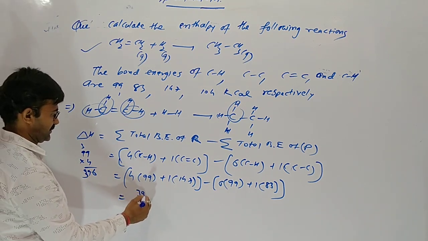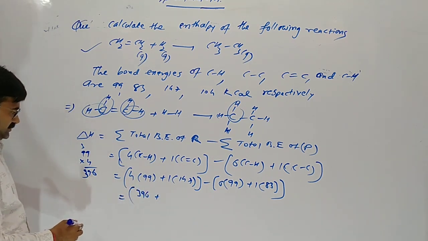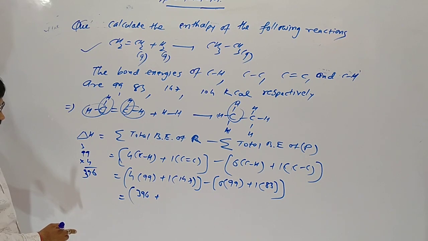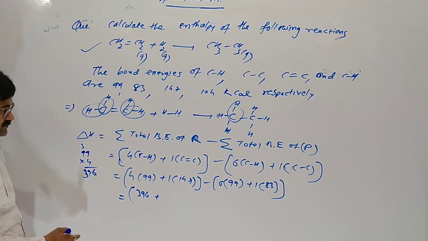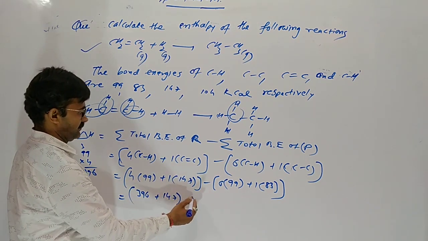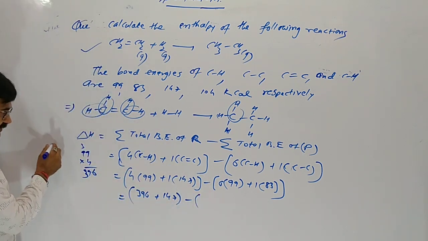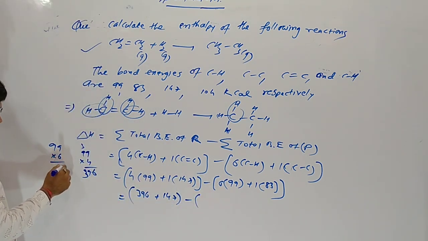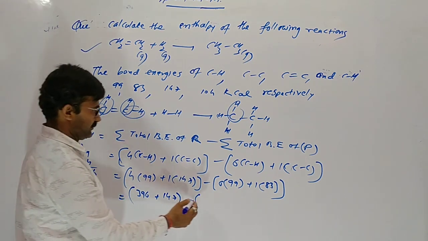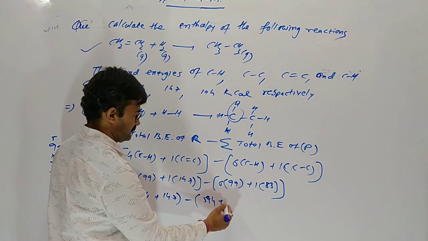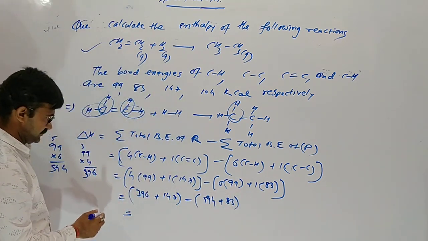So 396 plus 147 minus 99 multiplied by 6, 594, plus 83.